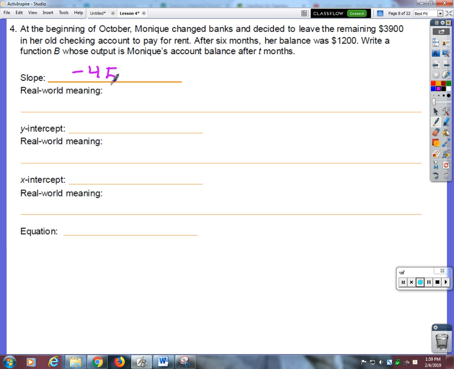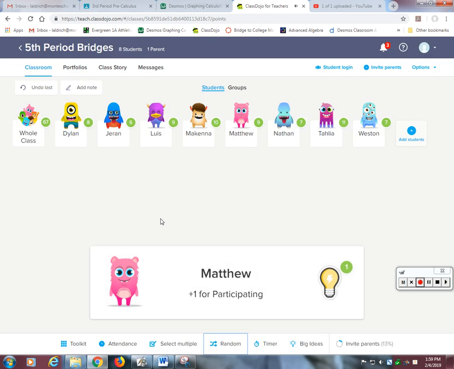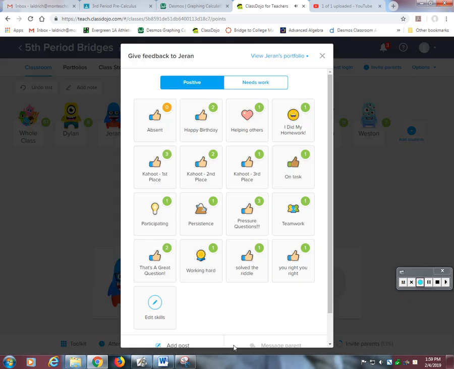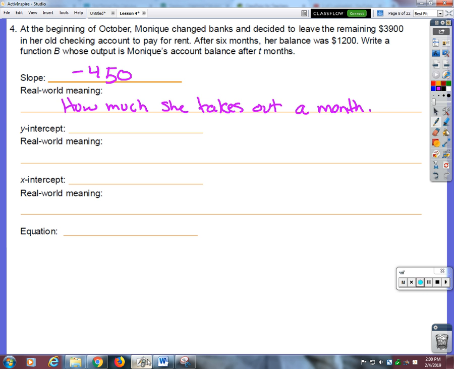Okay, and what that real world meaning is, yeah, because her balance went down by $2,700 over the course of 6 months. So 2,700 divided by 6 is 450. Jaron? What's the y-intercept in this case?